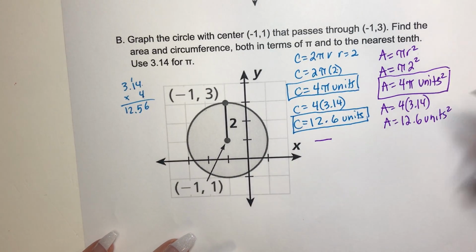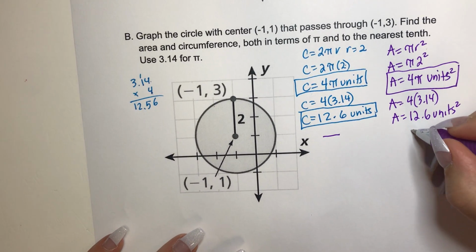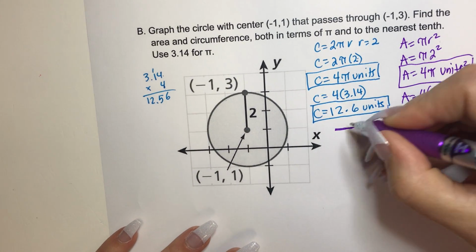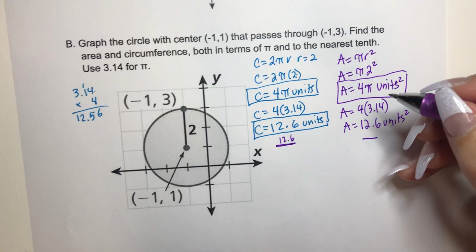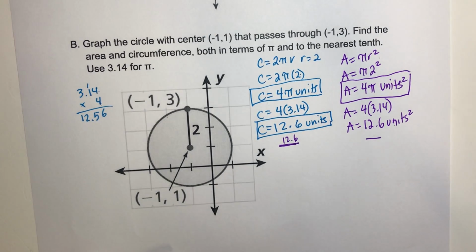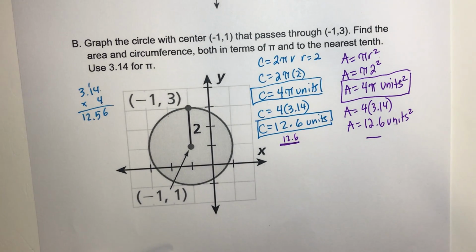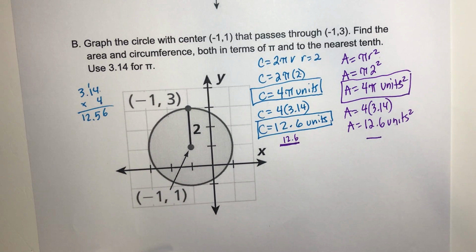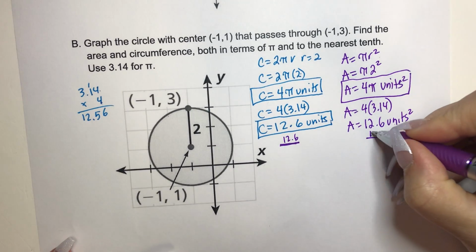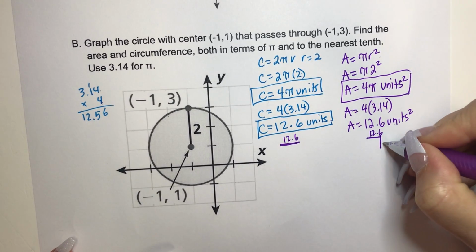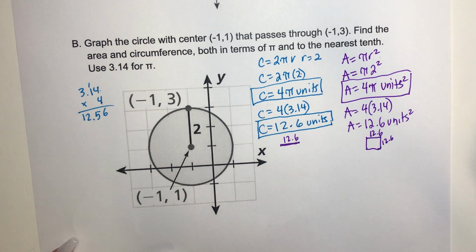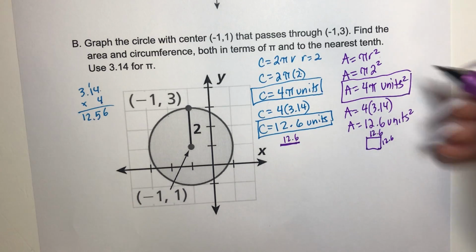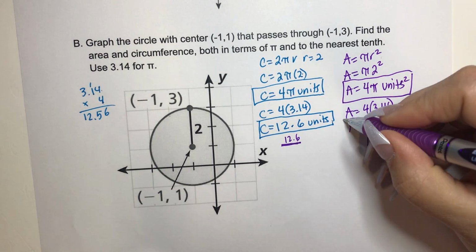Units is a straight line. So 12.6 in units would be the circumference. Units squared means 12.6 times 12.6, so that it's like a box more.